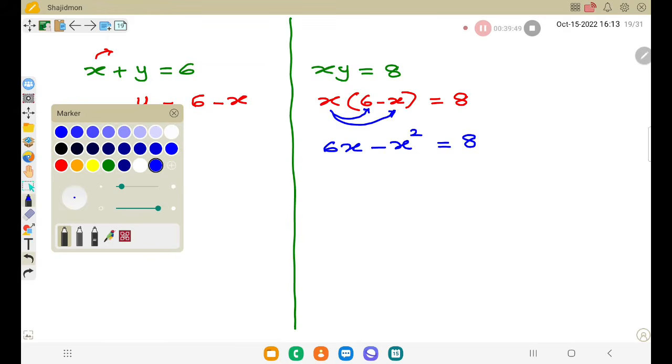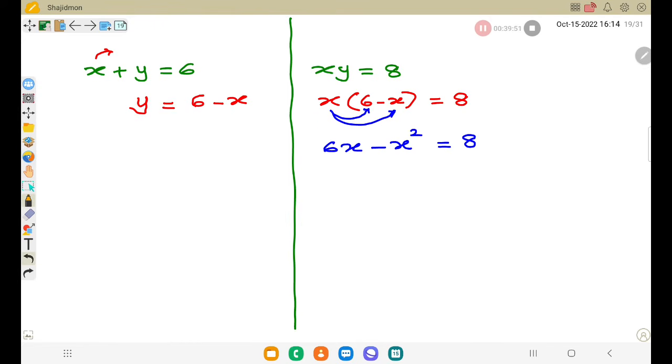Now take all the terms together on one side, okay? Better we take them to the other side. Minus x square going to the other side means plus x square. Then plus 6x going to the other side means minus 6x. And 8 is already there, plus 8 equals 0. x power 2 minus 6x plus 8 equals 0.